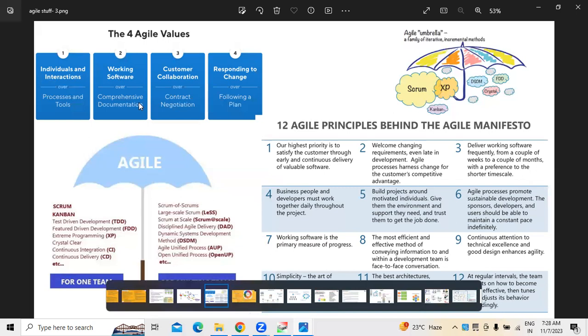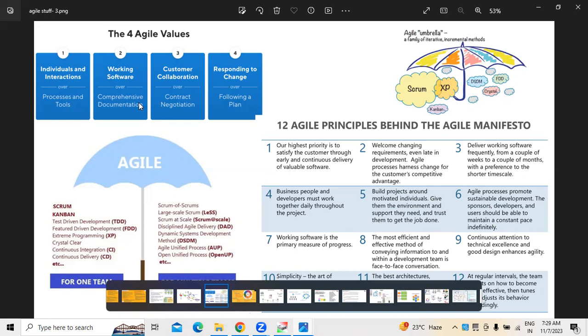Comprehensive documentation means there is no standard separate documentation as part of communicating requirements. Whoever is working in an agile environment, especially the team, has to develop the application based on user stories written by the BA or a product owner.